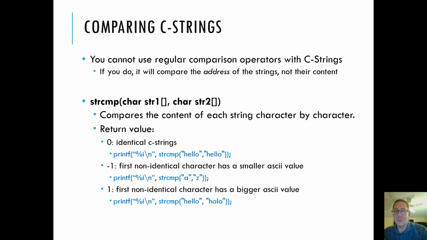If it gives me -1, it means that the first one has a smaller ASCII value. It comes first in the alphabet in terms of ASCII values than the second. That does mean that capitals will come before lowercase. Something to think about. So if it's a -1, it means A comes before the Z. Fine. If I get a 1, so I need to have three different values.